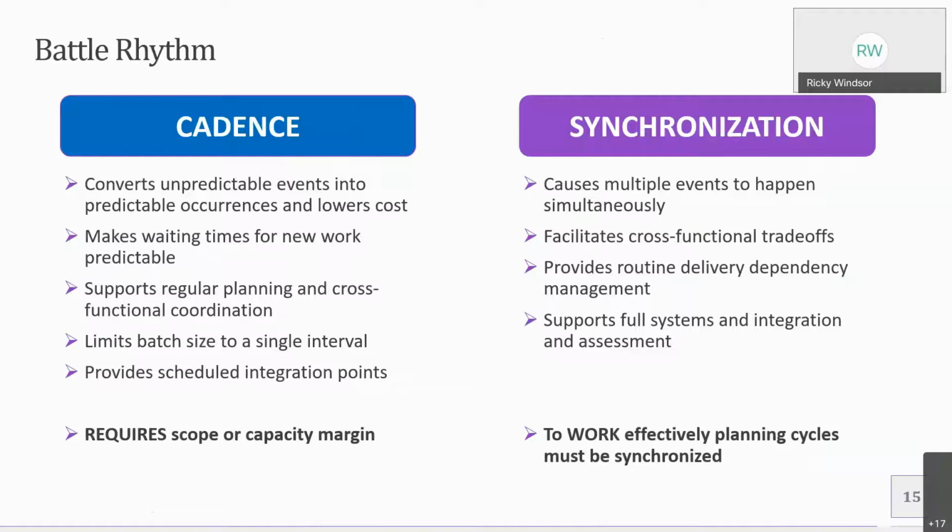The other part of that is it allows you to limit batch size, or how big the job is, right? It's very difficult, and I'll use RMF in this example, it's very difficult to deliver an entire RMF package and understand how much is going to be in there, right? But it's far easier to say, I'm going to deliver the ports and protocol aspects of the RMF package by this date, and just break that up into each of those pieces, right?